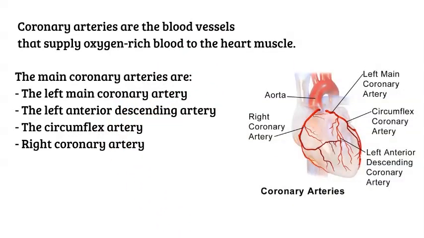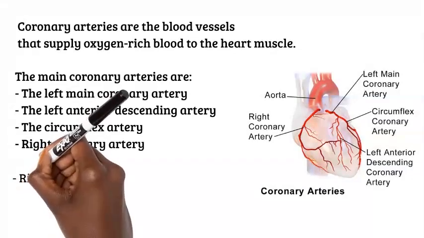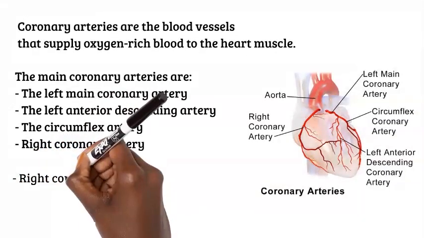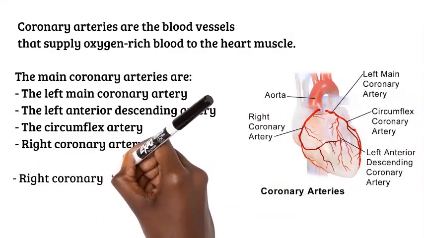And then we have the right coronary artery, which supplies blood to the right ventricle, the right atrium, and the sinoatrial and the AV node, or the atrioventricular node. These are the functions of these arteries.